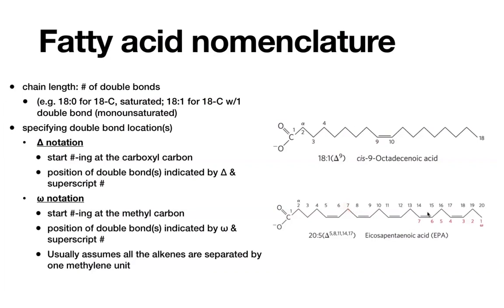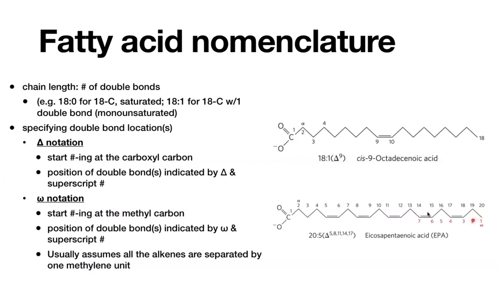This is what commonly happens: you have a double bond, then a single bond, then a CH2, and a double bond, and then a CH2, and a double bond, and a CH2. So you can make the assumption that these are all separated out and just list the position of the first one when you're in the omega notation.